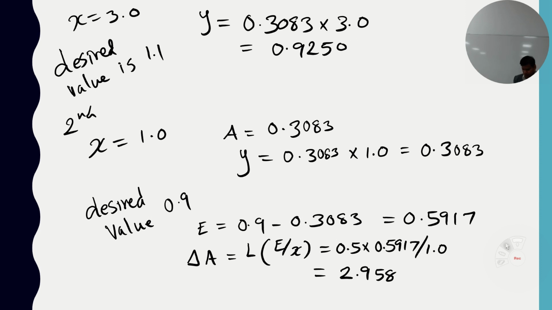So this is going to be your delta A. So what is your new A from there? The new value for A equals 0.3083 plus 0.2958, which is going to be 0.6042.